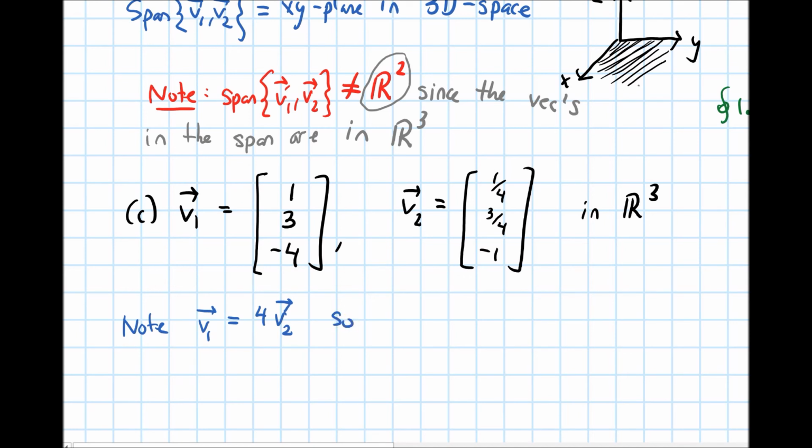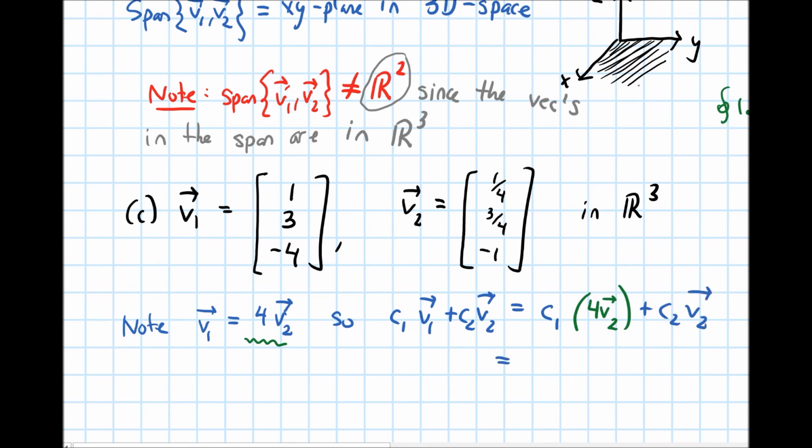Because of that, when I form any linear combination, so c1 times v1 plus c2 times v2, I'll write c1, and then for the v1, let's replace v1 with what it equals. v1 is 4 times v2. And then I still have c2 v2.